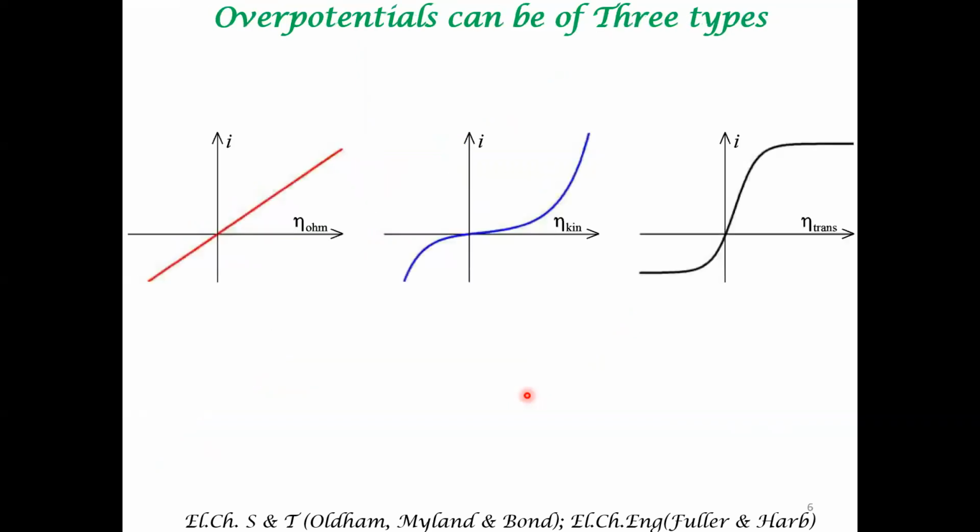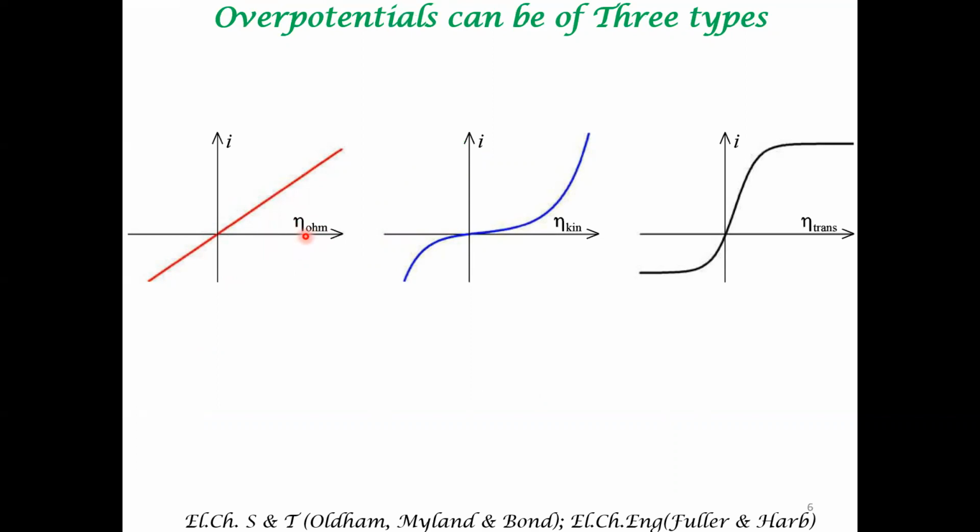Lastly, we also conveyed that there can be three kinds of overpotential. There is what is called the ohmic overpotential.